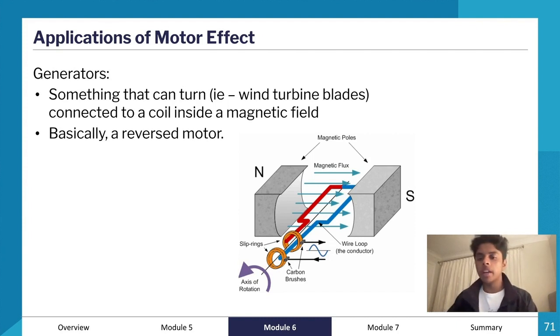Same kind of setup, except we supply an external force to turn the coil, and that will generate an induced EMF, an induced current, and that induced current is what we're harnessing to generate energy, basically. And examples of these include wind turbine blades, and also steam powered factory blades and stuff as well.